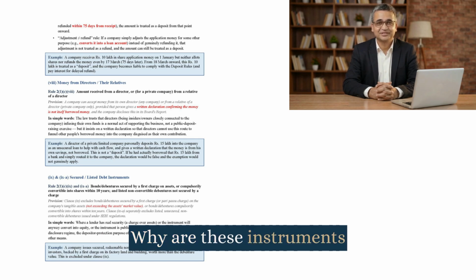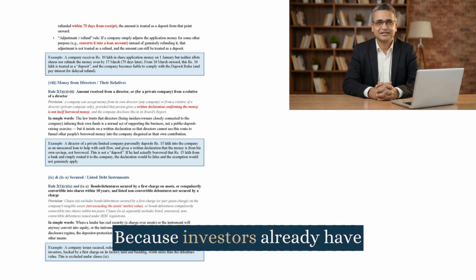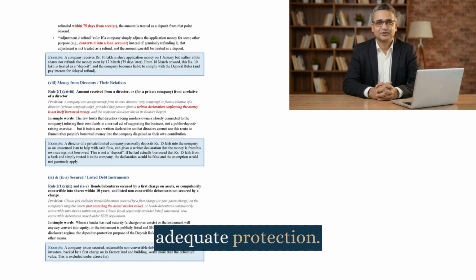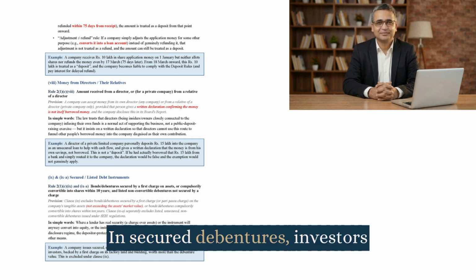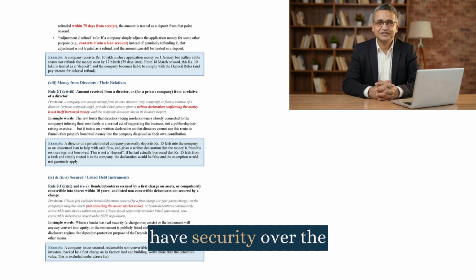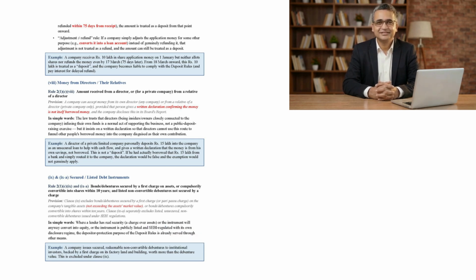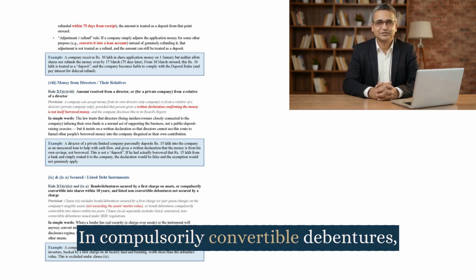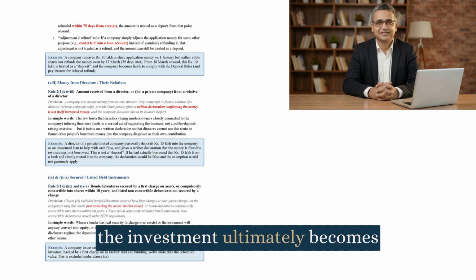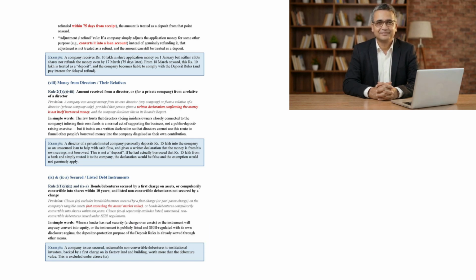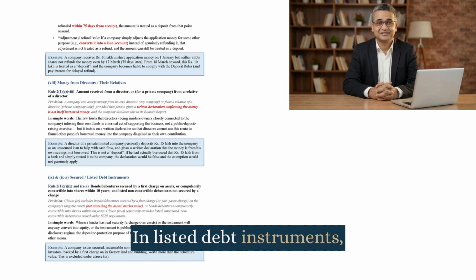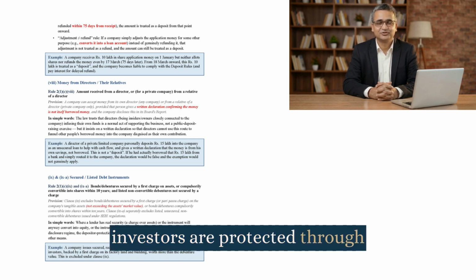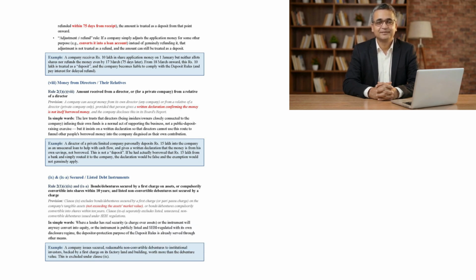Why are these instruments excluded? Because investors already have adequate protection. In secured debentures, investors have security over the company's assets. In compulsorily convertible debentures, the investment ultimately becomes equity. In listed debt instruments, investors are protected through the SEBI regulatory framework.